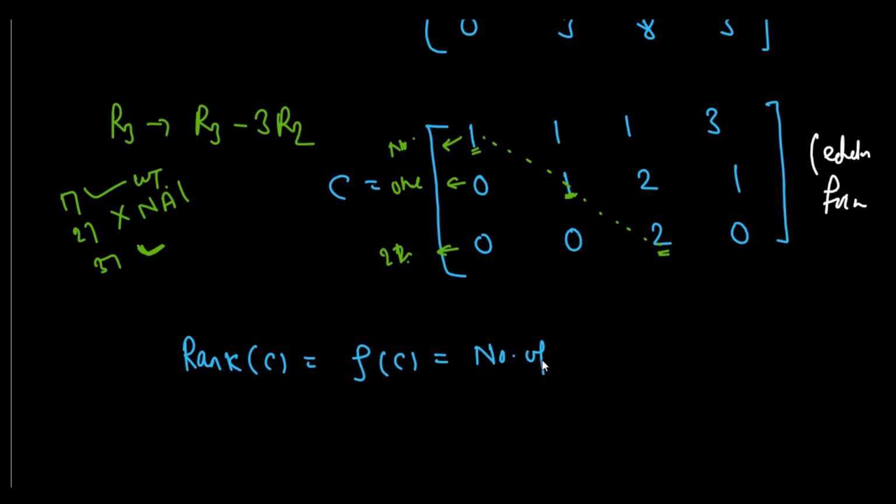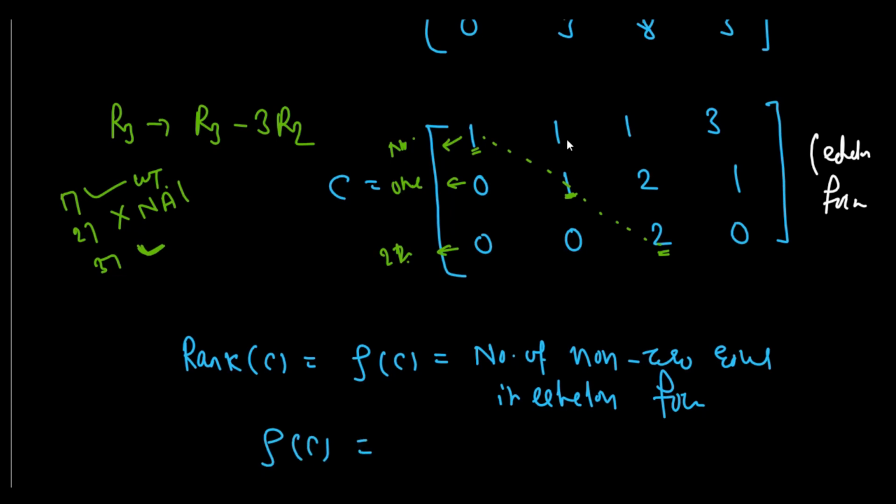We write the formula: number of non-zero rows in echelon form. So rank of C is equal to, this is a non-zero row, again a non-zero row, and again a non-zero row. So there are 3 non-zero rows. So rank of C is equal to 3.